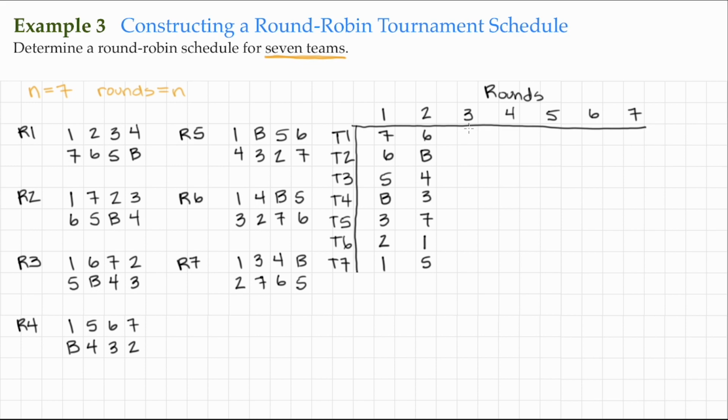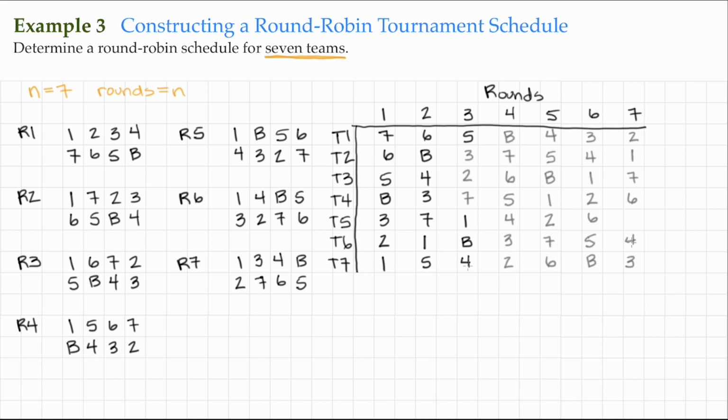And we do that similar to what we did in the previous example for each round. So we'll do that. So there's our schedule, and I think we got it.